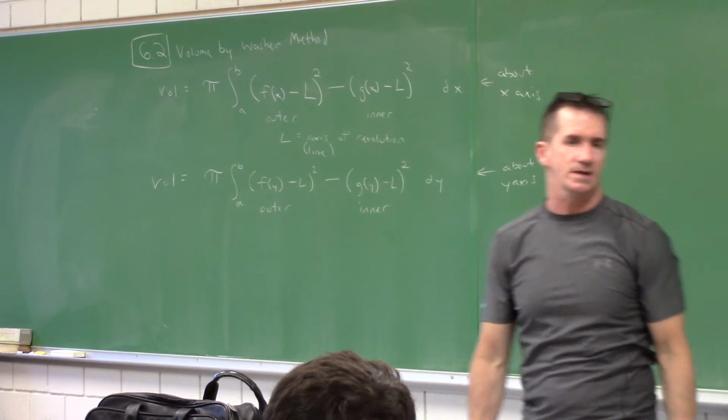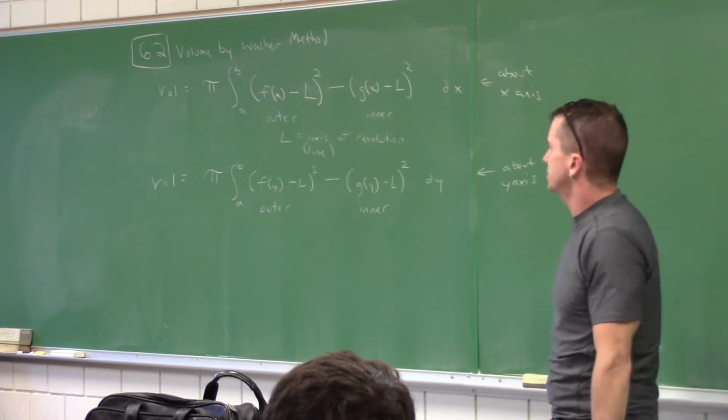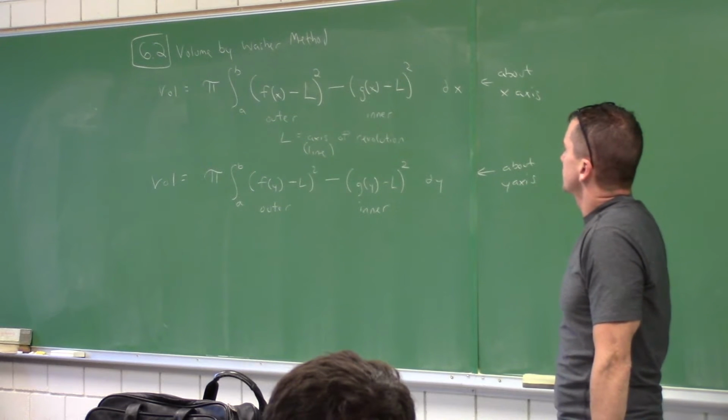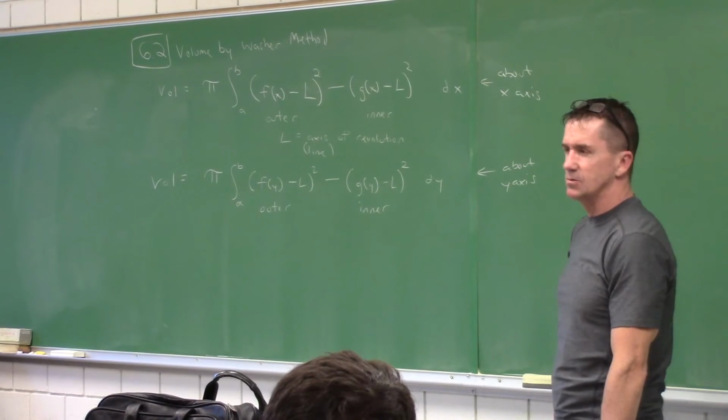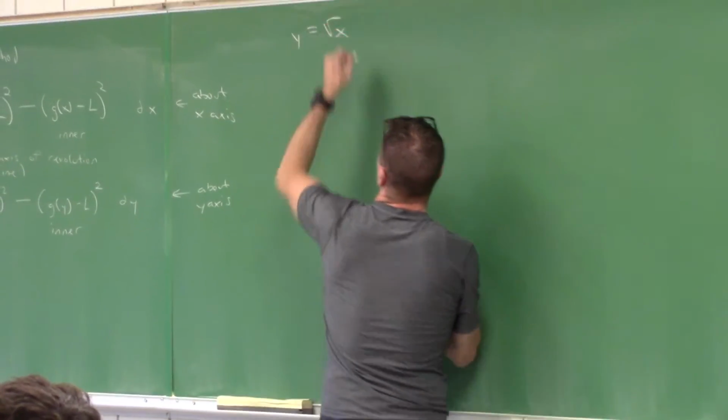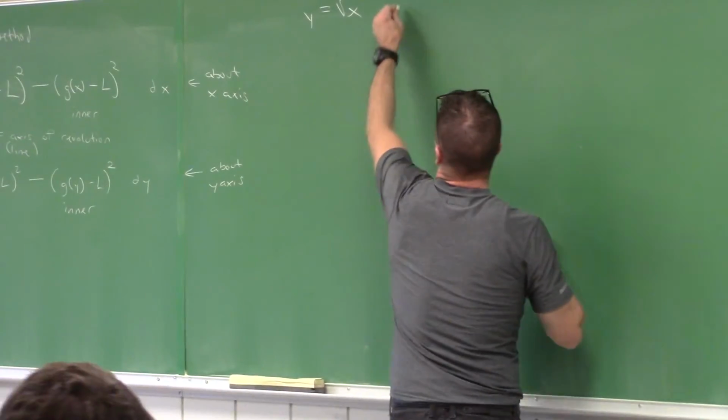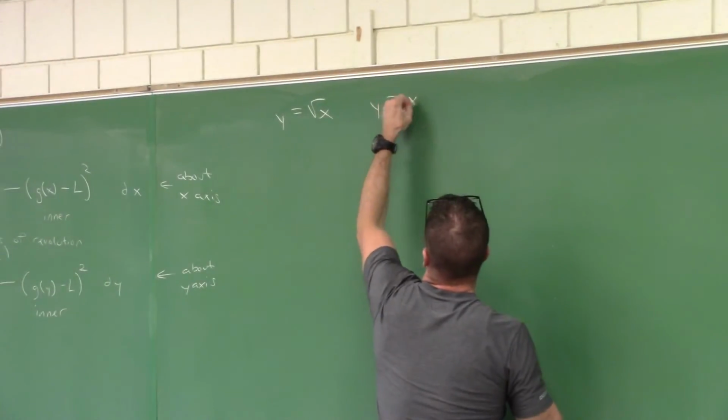Let's just start class. Let's take two equations. We can use different ones from last class. I used x and x cubed. All right, let's do just some common functions we're familiar with. How about the square root of x? And we'll use x squared.